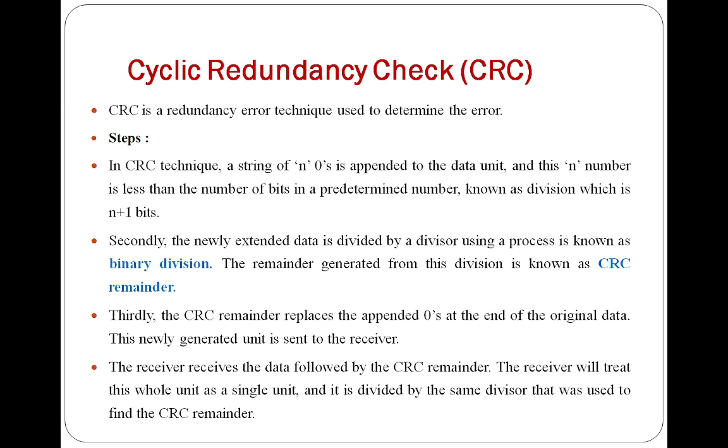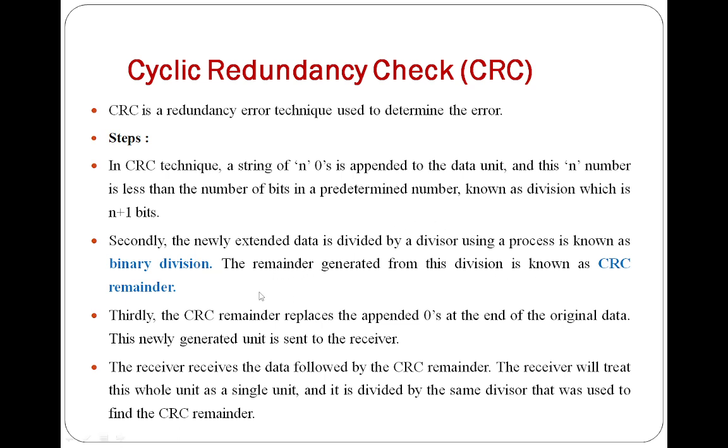Here we are performing binary division. The number of zeros added to the original message is based on the divisor: the number of bits in the divisor minus 1. Okay, so that is important.